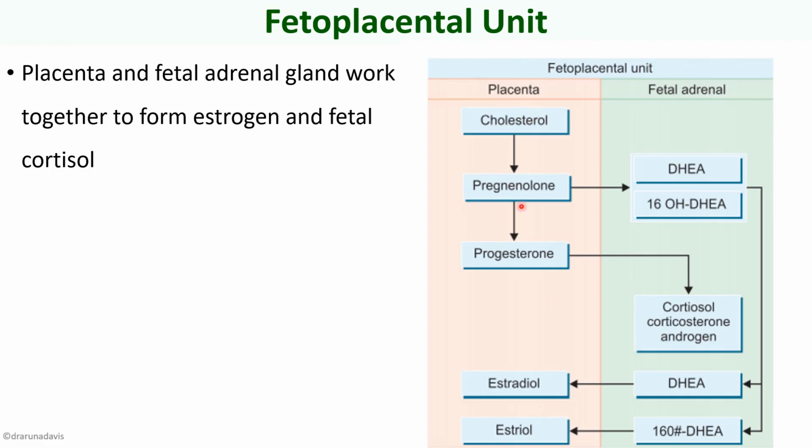I'll just repeat the steps again. From cholesterol, pregnenolone is formed, which goes to the fetal adrenals and produces DHEA and 16-hydroxy-DHEA. This will cause formation of estrogen, that is estradiol and estriol. Pregnenolone can also be converted to progesterone, and this will be converted by the fetal adrenal to cortisol, corticosterone and androgen.